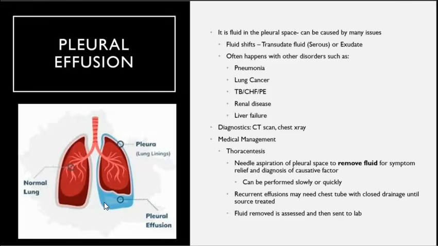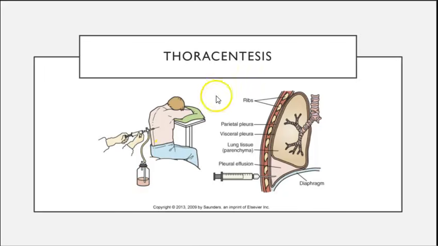We're going to touch on them a little bit, but that's going to allow it either to be hooked up to suction to drain it out, and it also creates a seal. Fluid removed is assessed and then sent to the lab. Always make sure some components of that fluid are sent to the lab so that we know what the problem is.